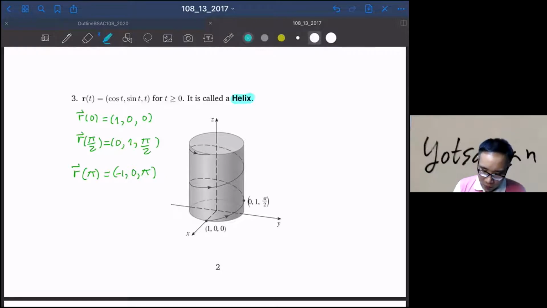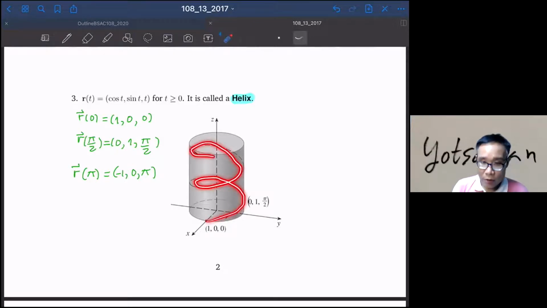So that one looks like this shape. Okay, so this is called a helix. The cylinder is used just as a guideline in order to sketch the helix. So the helix is just this curve.